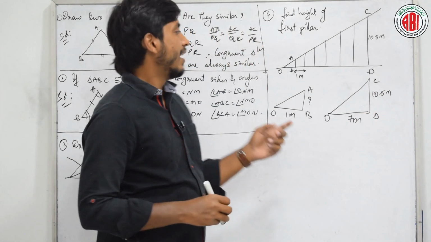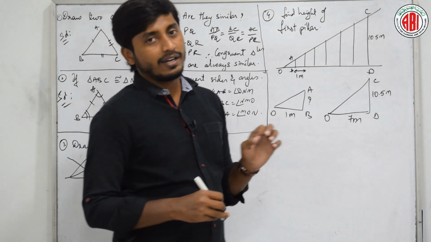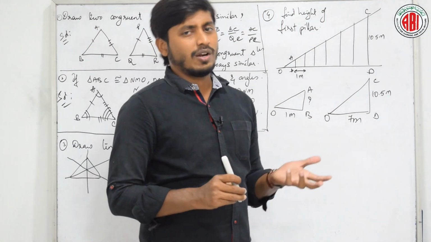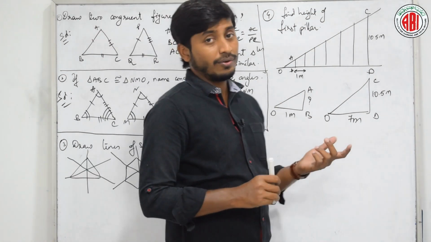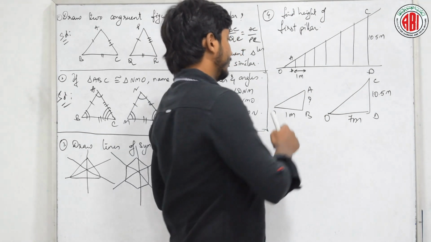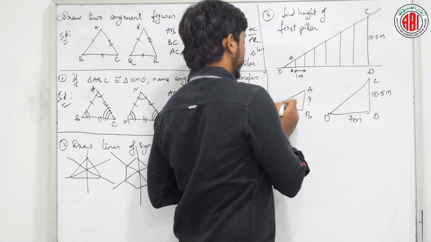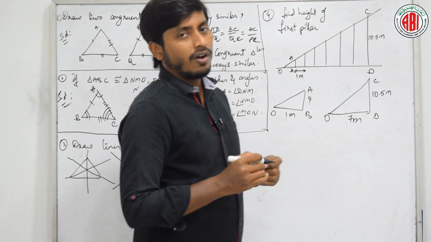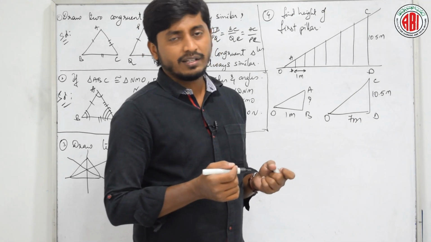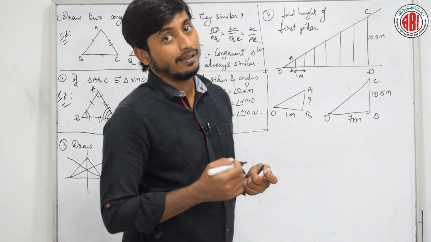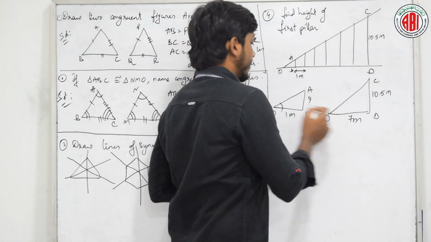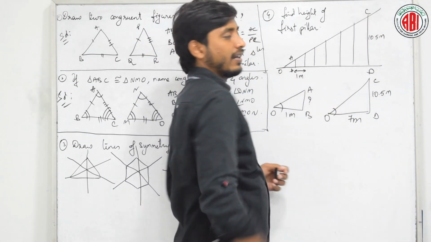Now tell me, are these two triangles congruent or not? No, they are similar. Congruent means all should be the same. They are not congruent, they are similar. Because this angle is the same, obviously the same line.